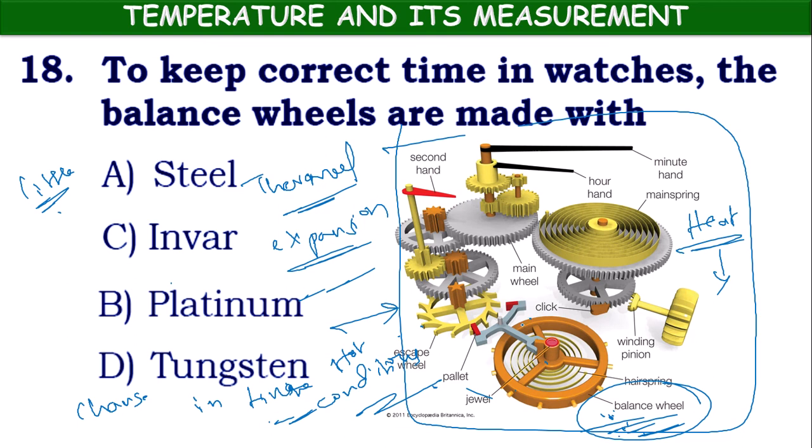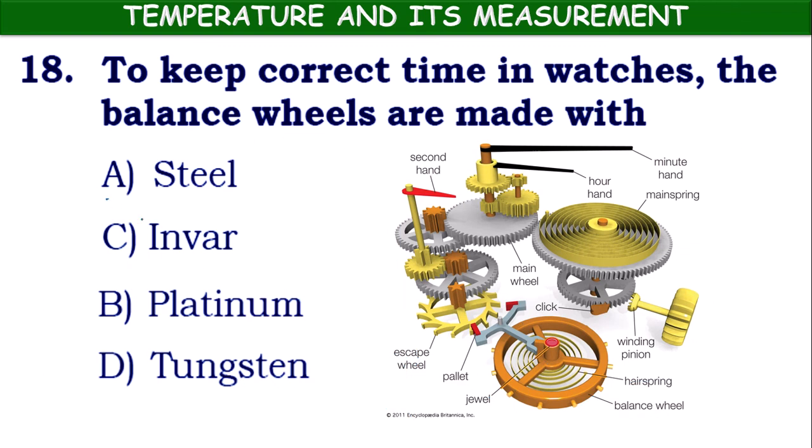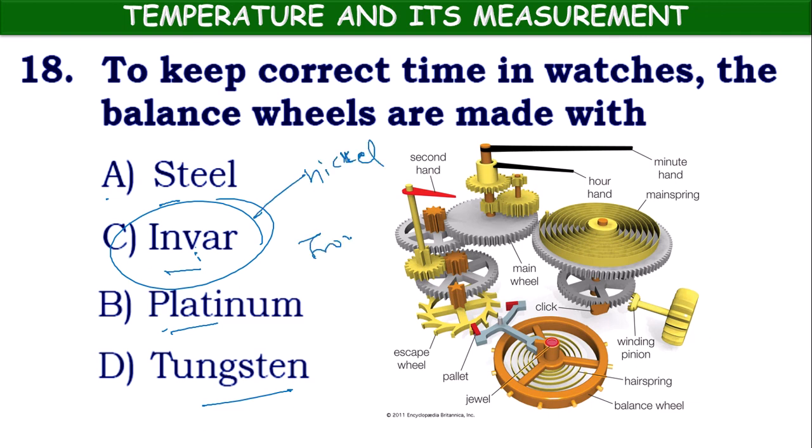So in all watches, the balance wheel should be made with a material whose thermal expansion is very less. Out of steel, invar, platinum, tungsten, this invar material, which is an alloy of nickel and iron, possesses very little thermal expansion.